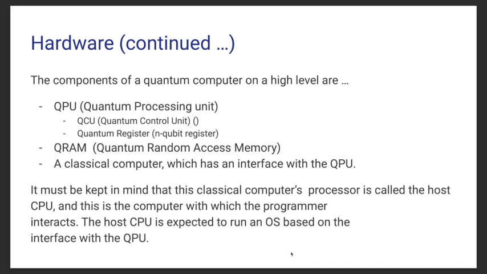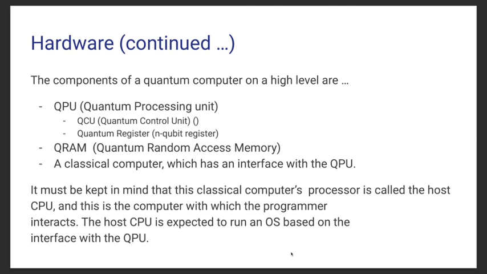Now, just like a classical computer has a CPU, RAM, control unit, and registers, a quantum computer has a QPU, a quantum processing unit, QCU, a quantum control unit, Q registers, QRAM, quantum random access memory, and a classical computer with an interface with the quantum computer we're making.